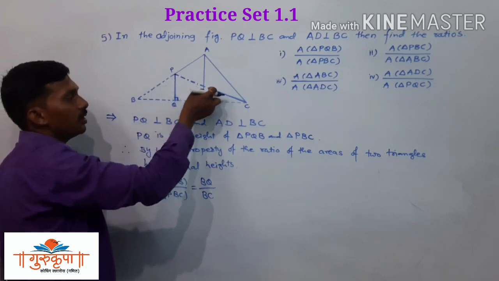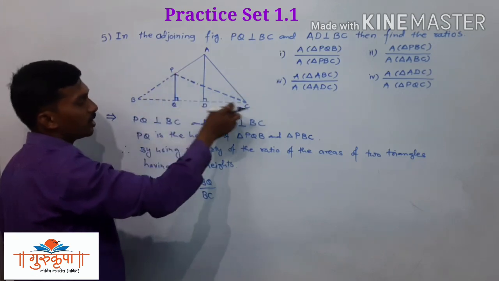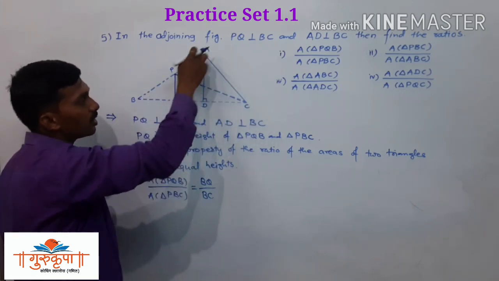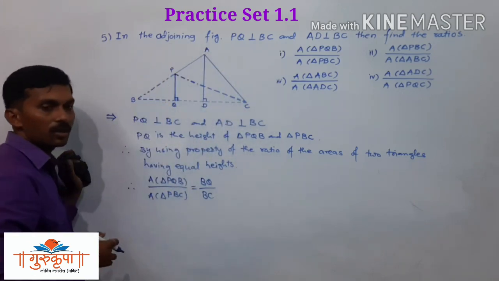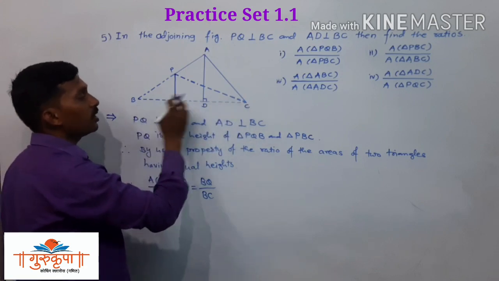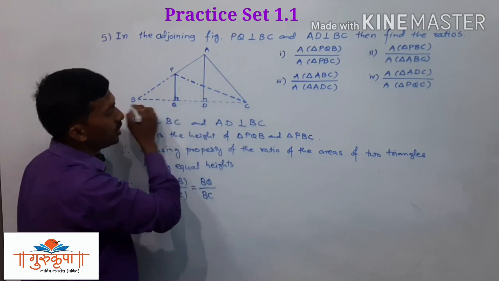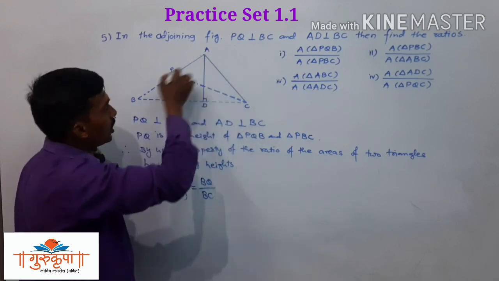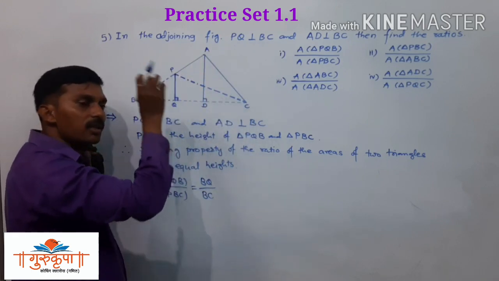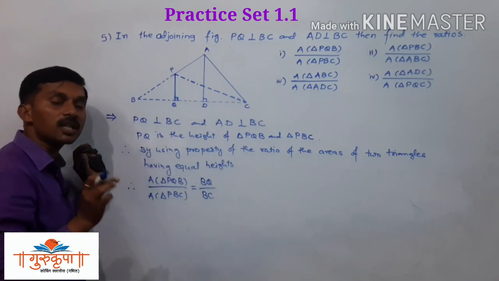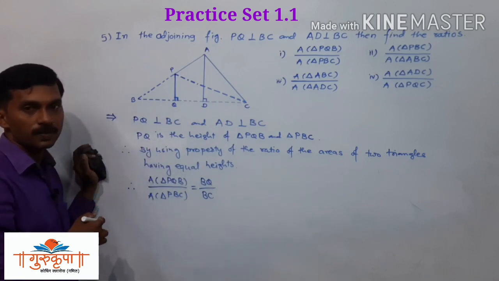The first triangle is PBC, and ABC is the bigger triangle. Now both the triangles have equal bases. For triangle PBC, the base is BC. For triangle ABC, the base is again BC. Both the triangles have equal bases.